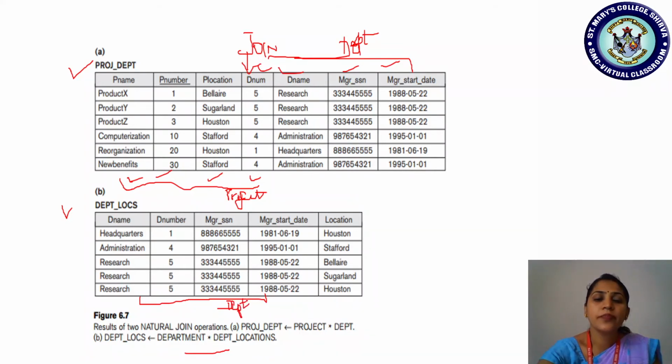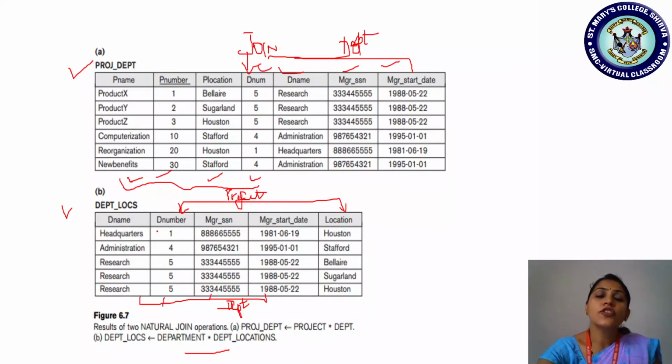Department relation. Okay, whereas location, only D number and location, only these two.